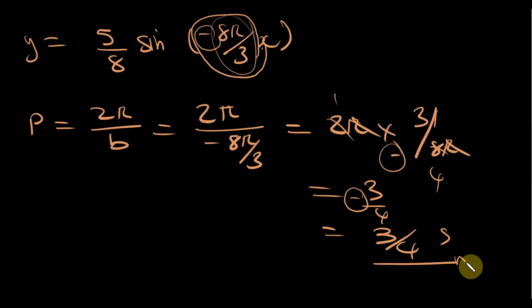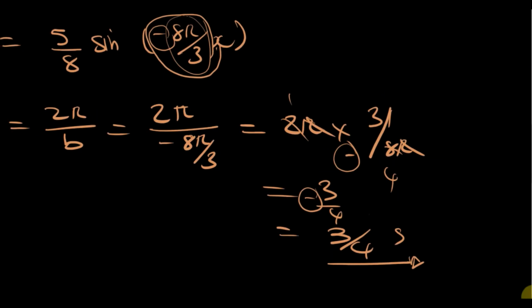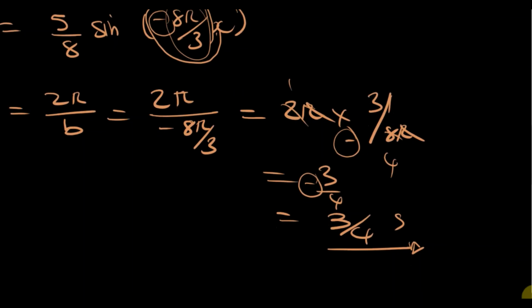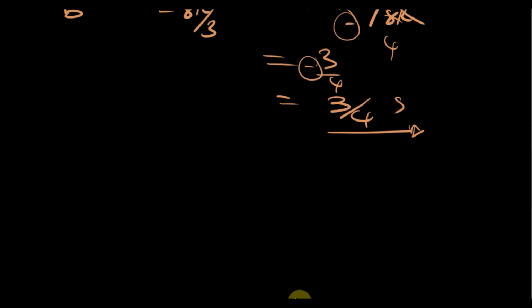Okay, the last question, last one. The question would say you are given the amplitude as 4 and the period as 3 pi.